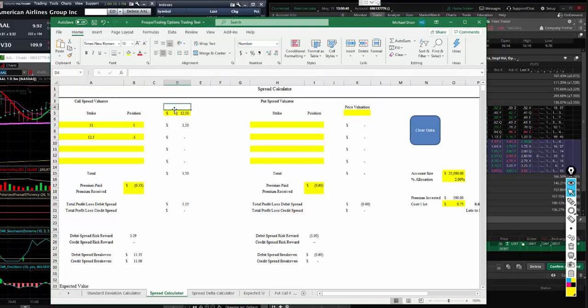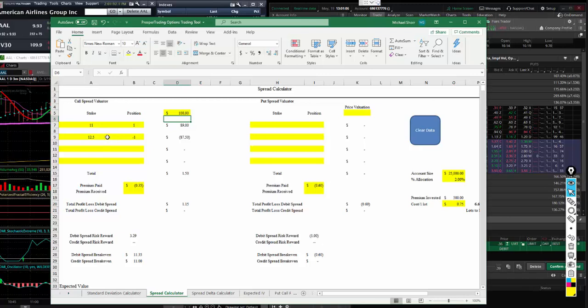So what are our risks? Our risk, and this is all at expiration: at 11 or lower, we lose our 35 cents, $35 per one lot that we do. We already said that the best place to go is 12 and a half, and it can't get any better. If we go to 100, doesn't matter.